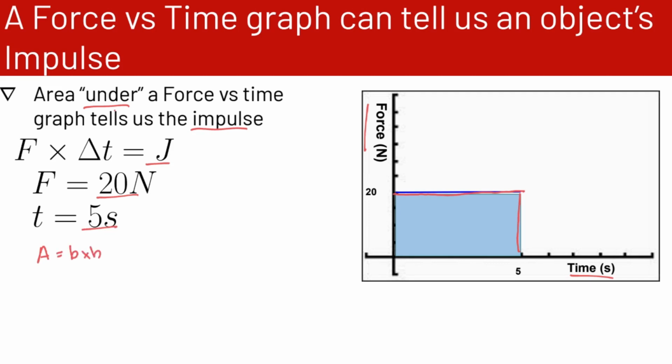The base is 5 seconds, the height is 20 newtons, so 20 newtons times 5 seconds equals 100 newton seconds, which is equivalent to 100 kilogram meters per second.